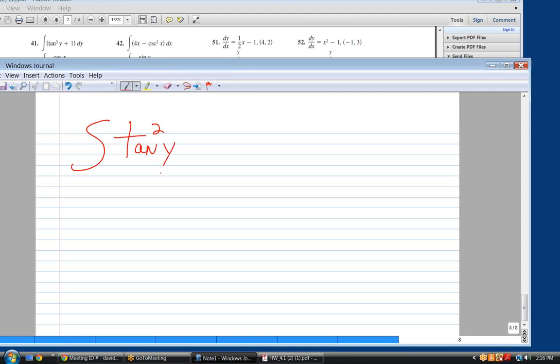That's interesting. Tangent squared. What gets you tangent squared? Think of your trig Pythagorean identities.